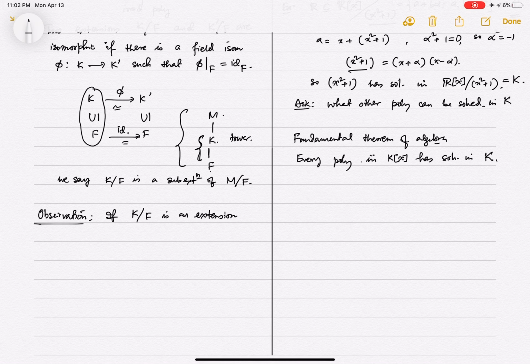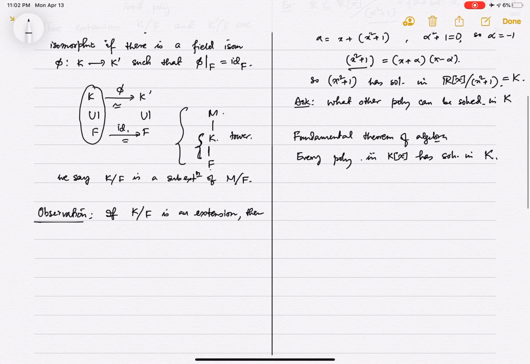If this is an extension, then K is a vector space over F. Well, K of course is an abelian group. There is a plus.